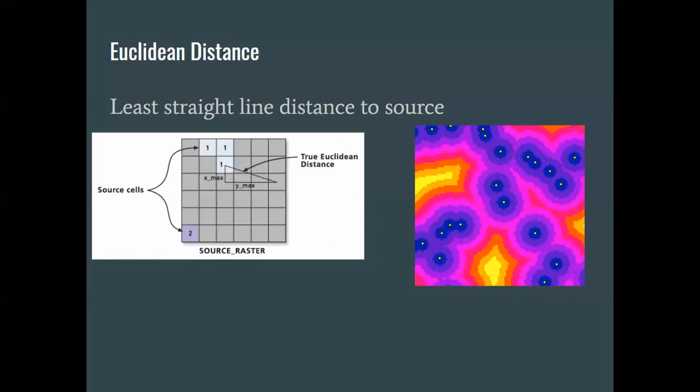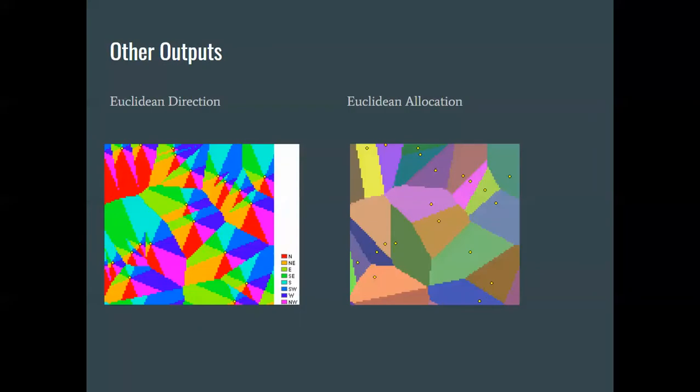The challenge with Euclidean distance then is, well, which source did it come from? So if I look at this pixel right here, where did it come from? Well, we answer that by the two other pieces that are typically generated, and that is by our direction. For each pixel, it will also tell us the direction to the source that that distance was calculated for. The other thing that we can then do, very much like a Thiessen polygon, is our allocation.